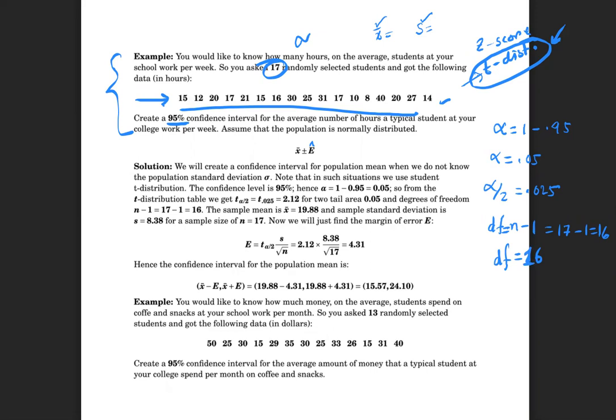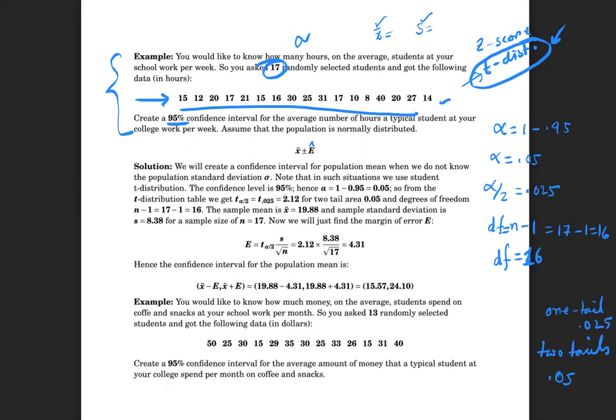Now, having said that, you need to go back to the table and look at the column where it says one tail, 0.025, two tails, 0.05.